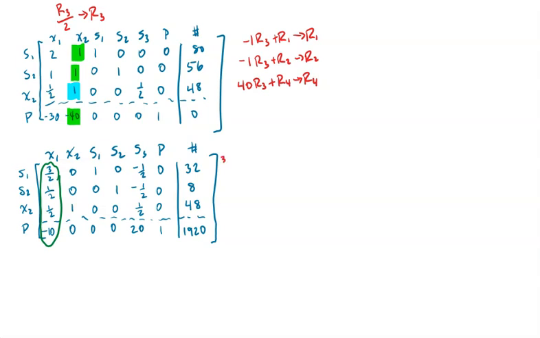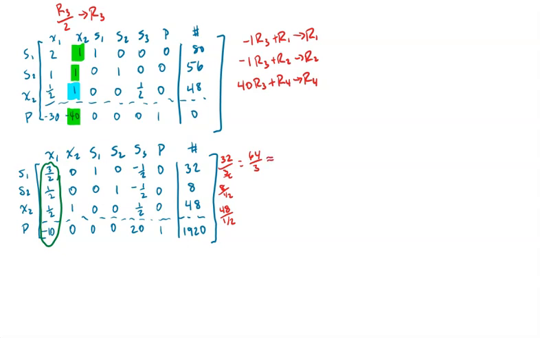Then we're going to divide each of these numbers on the right by the numbers in our column. Okay, 32 divided by 3 halves is going to be 64 over 3.